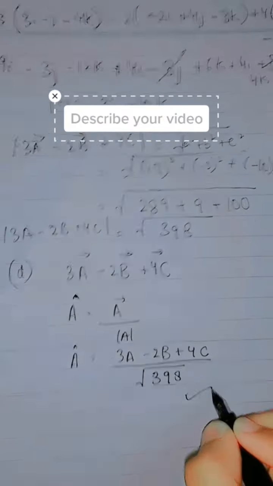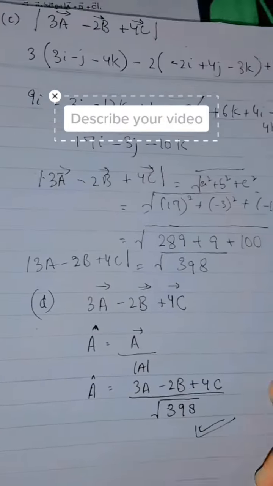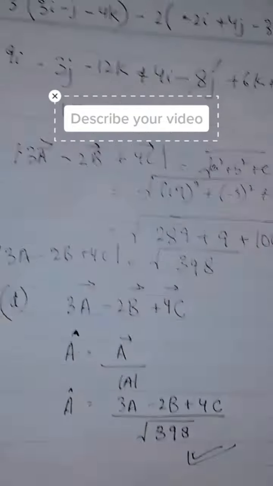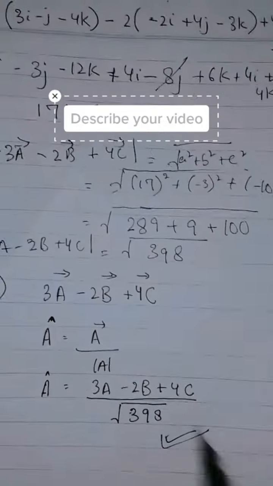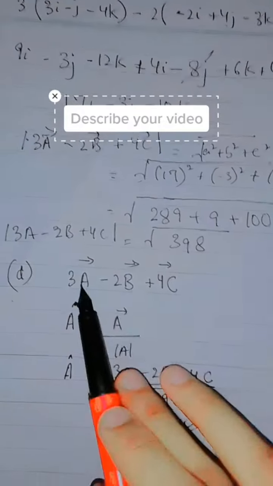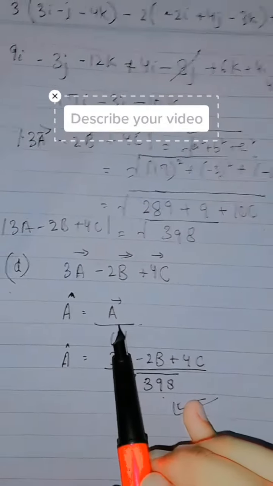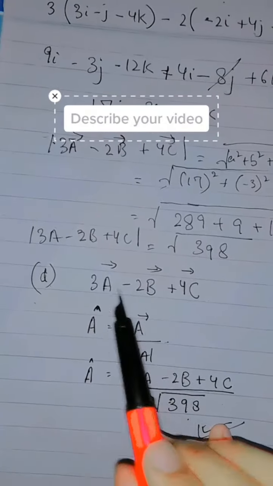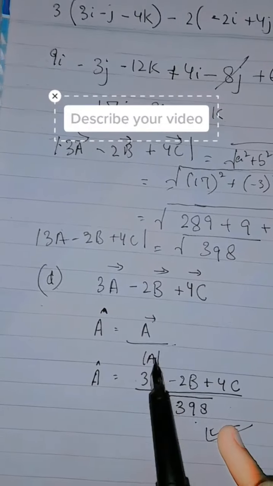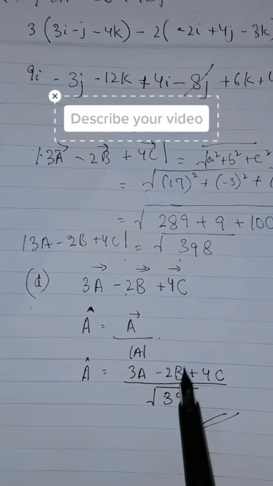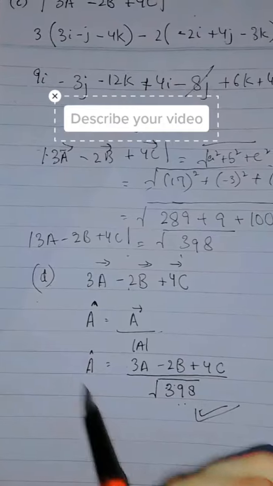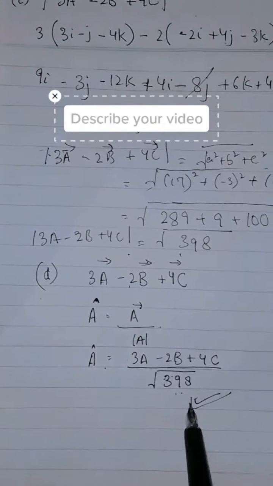So this will be the answer of part D. Here it is simple, we have been told a unit vector parallel to this vector. So the vector will be this, and the magnitude of this is root 398. We have put it, and here it is the unit vector value.